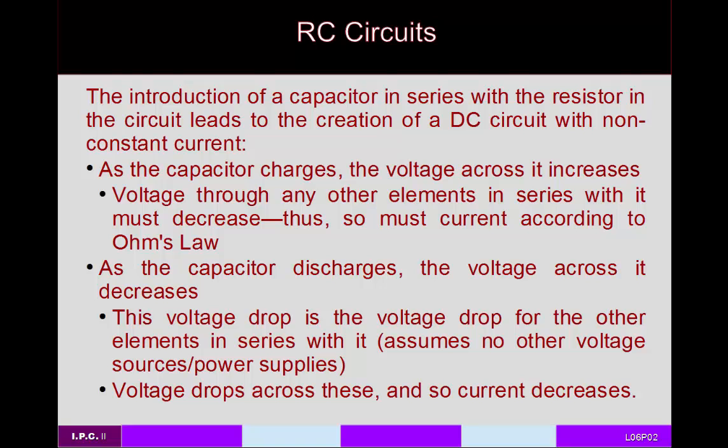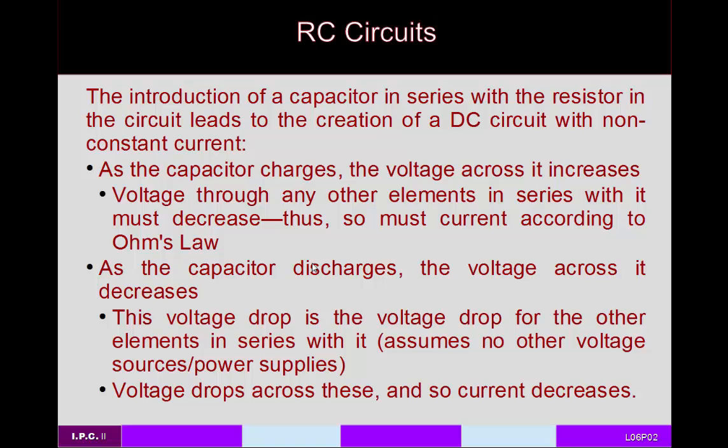Basically what we're going to look at is, as the capacitor is charging, the voltage across it and the charge on each plate of it would be increasing. And according to Ohm's law and Kirchhoff's voltage rule, or the Kirchhoff loop rule, any other elements which are in series with that capacitor must therefore experience a decrease in voltage drop across them.